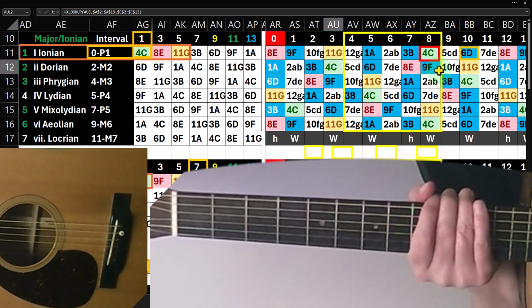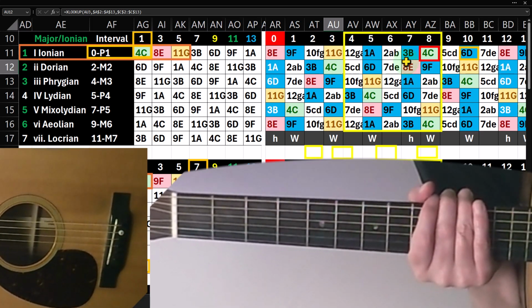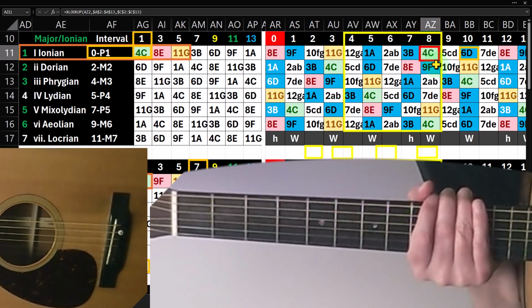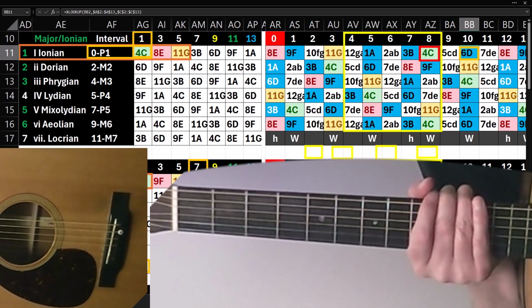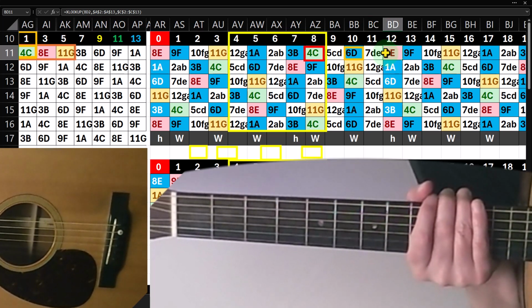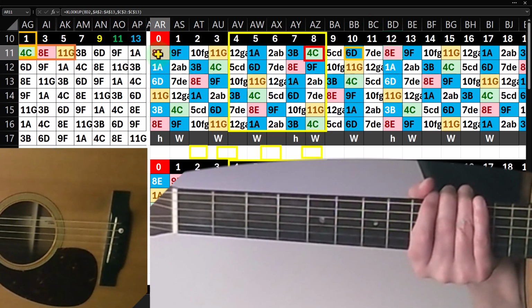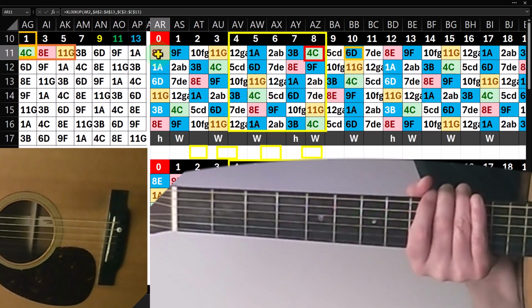So we've played out the formula on one string. If we played this out on the same string, it would be a whole step here and then a whole step to the E, and now this 12th fret repeats on fret 0 because there are only 12 frets on the guitar.